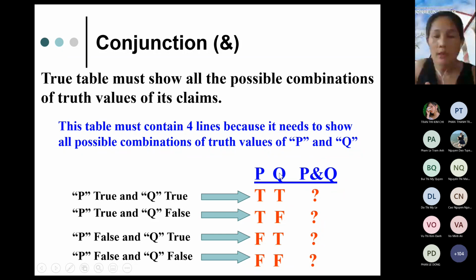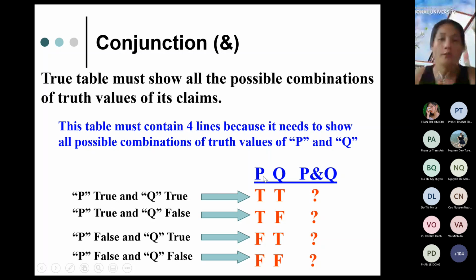Okay, and we need to have a systematic way of filling as well. We know how many possibilities there are based on the number of variables already, but we need to make sure that we have a systematic way of listing up the possibilities as well. So here, if you say 2 variables, you are going to have 4 lines, then the way to fill in is, please remember, this is a very important tip for you.